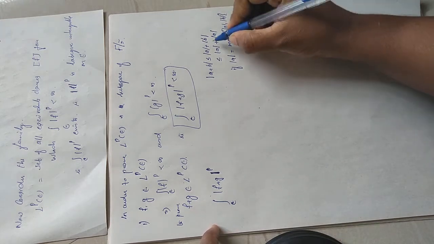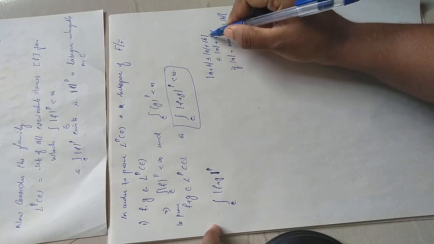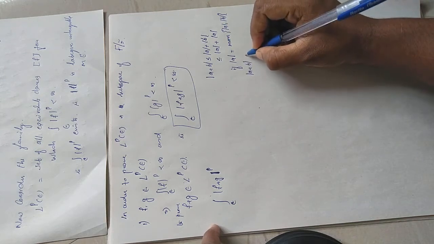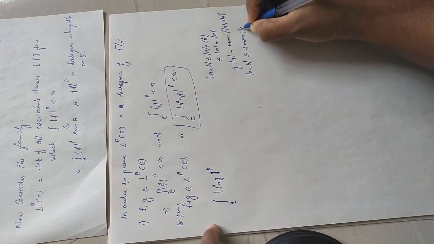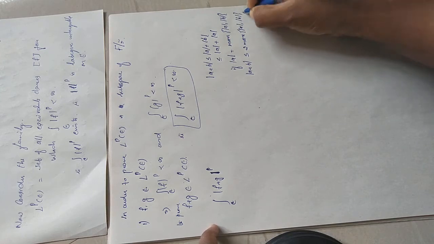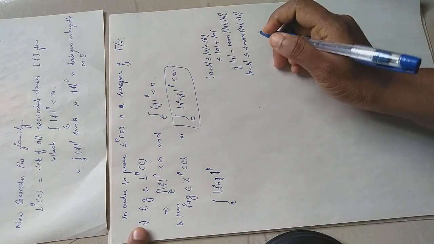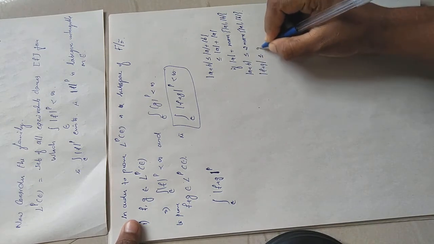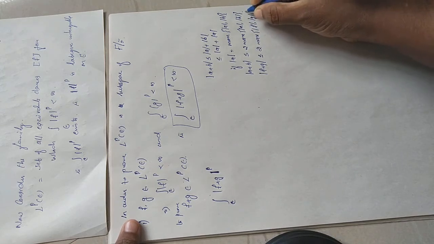So if you replace any of these elements by the maximum of mod a, mod b, mod a plus b will be less than or equal to 2 into the maximum of mod a comma mod b, right? So using this technique I can write mod f plus g will be less than or equal to 2 into maximum of mod f comma mod g.